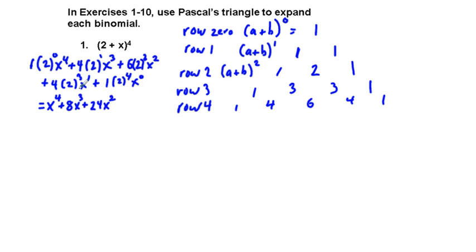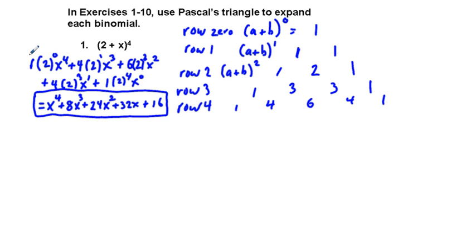Our next term is 4 times 2 to the third power. 2 to the third power is 8, and 8 times 4 is 32, so we have plus 32x. And our final term is just 2 to the fourth power, which is 16. So this is our binomial expansion for problem number 1.